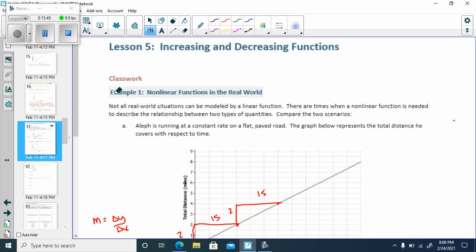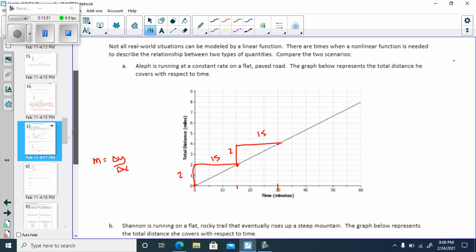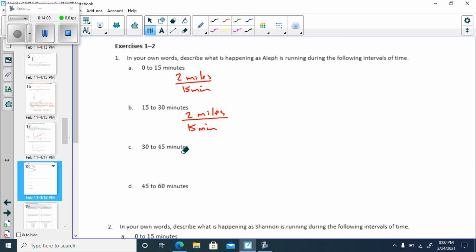Now let's do 30 to 45 minutes. Here's 45. So we go from 4 up to 6. It's going up 2 miles over 15 minutes. That means 2 miles per 15 minutes. The rate is exactly the same there.